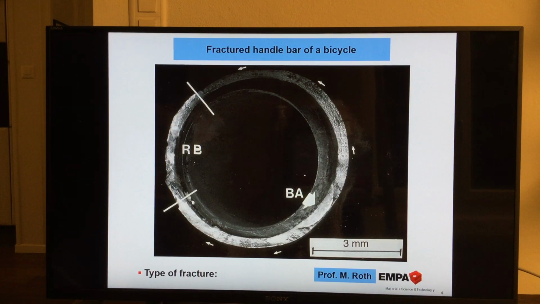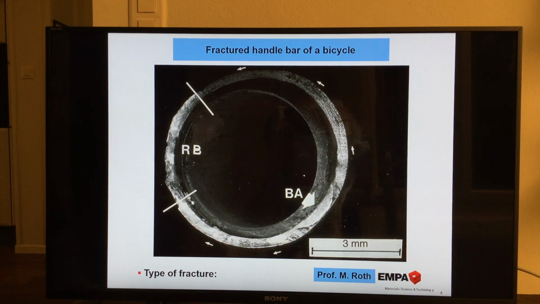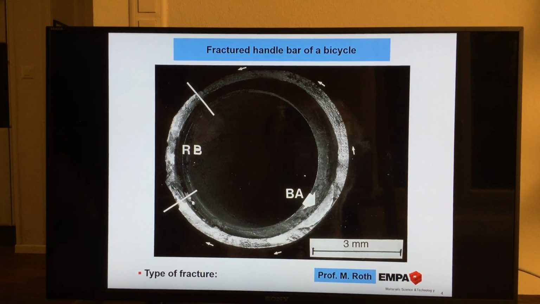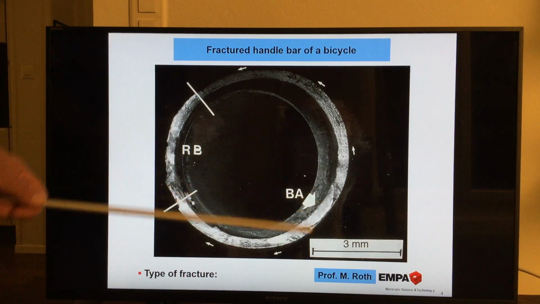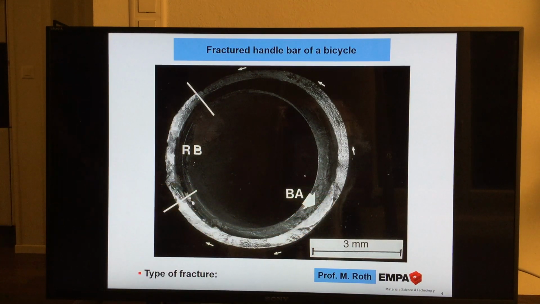But what we already realize, the amount of overload fracture is relatively small. That means in principle, from the design point of view, the stress on this component was not that high. That shows us again that there should be something very strange going on, and this we will investigate very carefully.